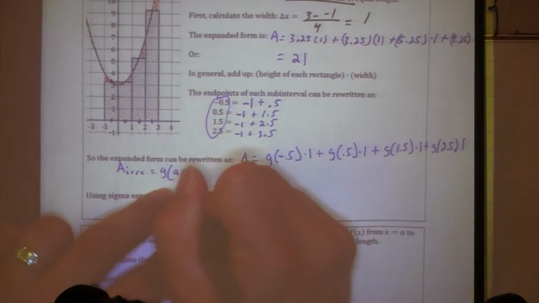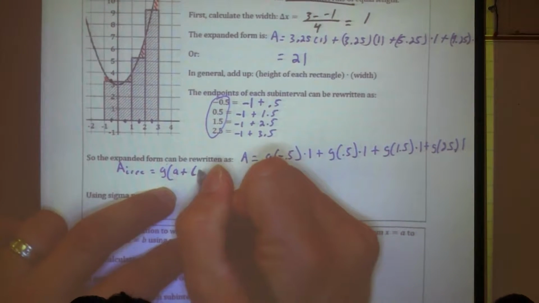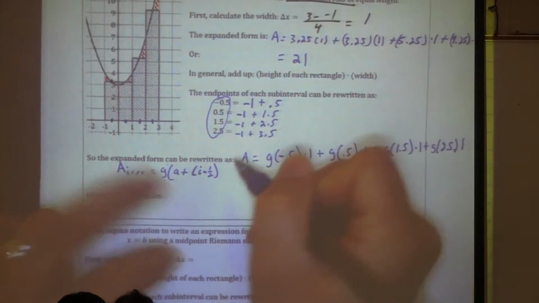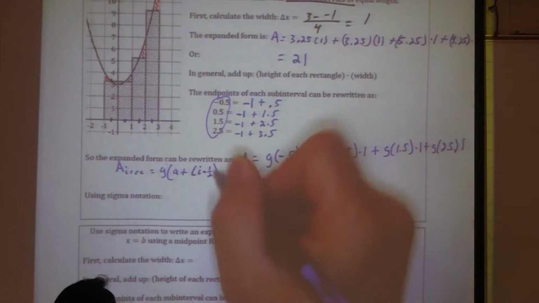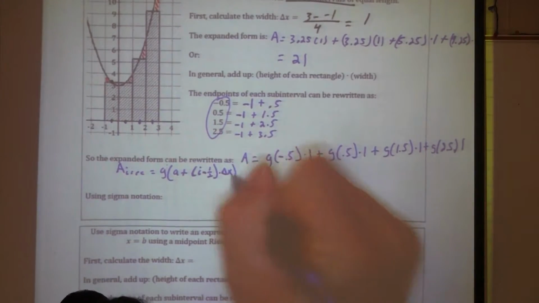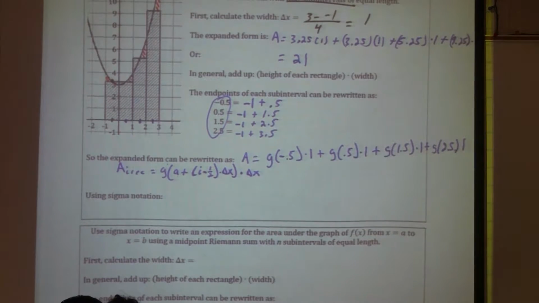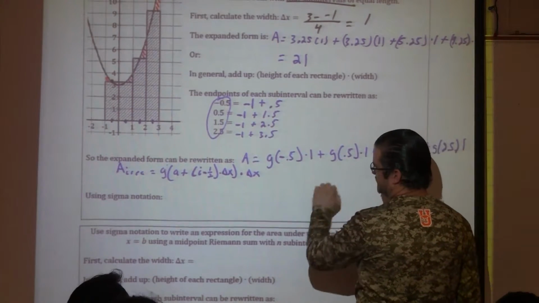A plus I minus half. I didn't add a whole I, I added half of the I times the delta x times the delta x. This is the g value times the width.